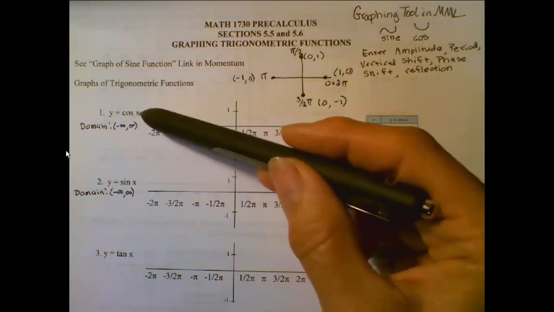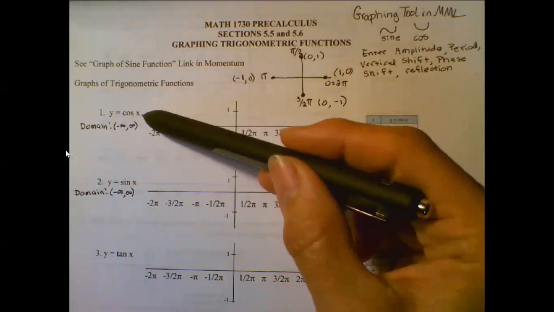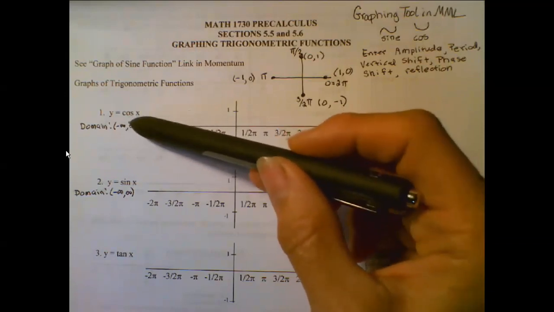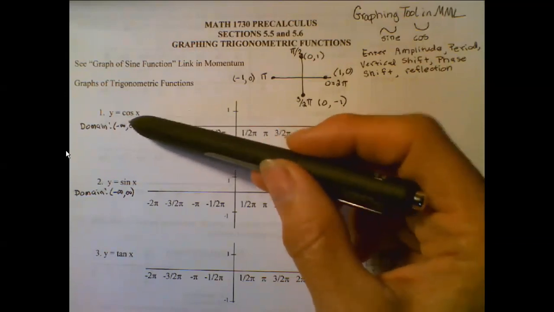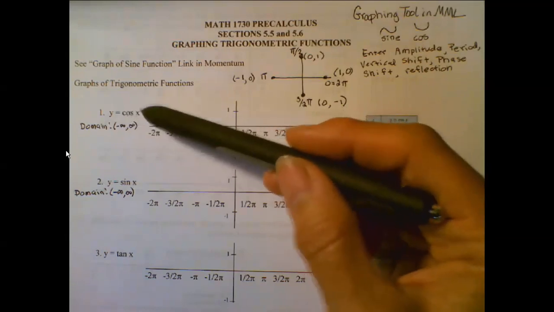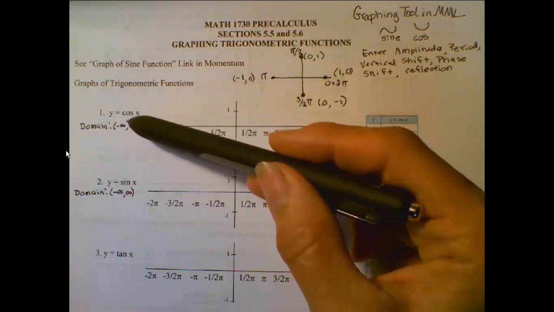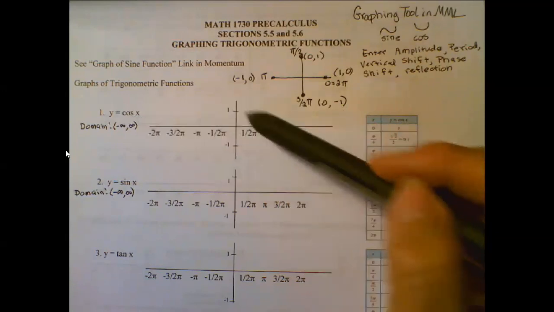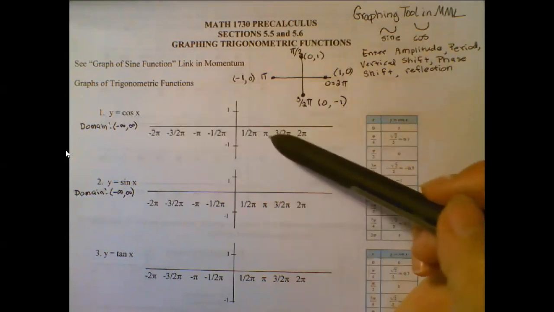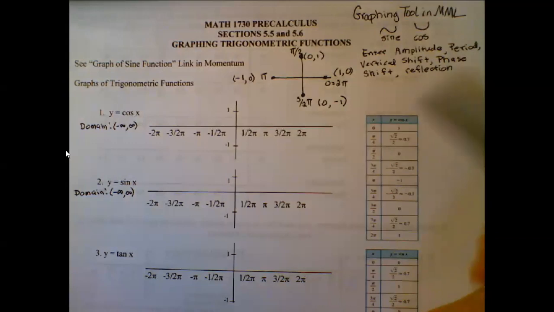I'm going to choose multiples of pi over 2. I don't know what the cosine of 1 is. I don't know what the cosine of 2 is, but I know what the cosine of 0 is, and I know what the cosine of pi over 2 is, and pi and 3/2 pi and 2 pi.